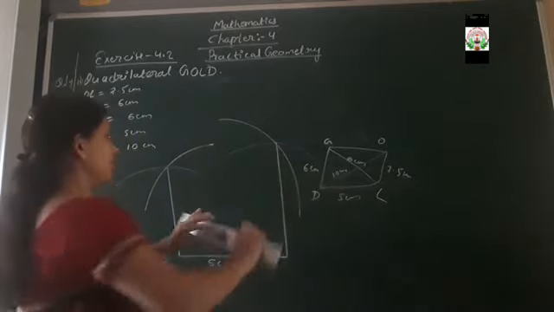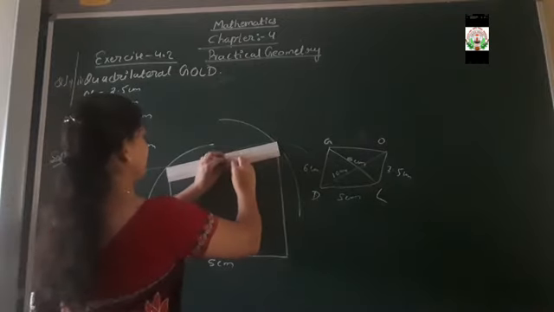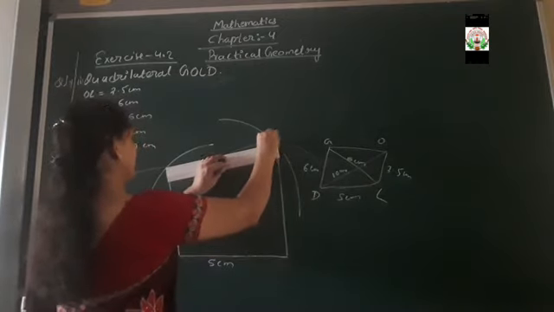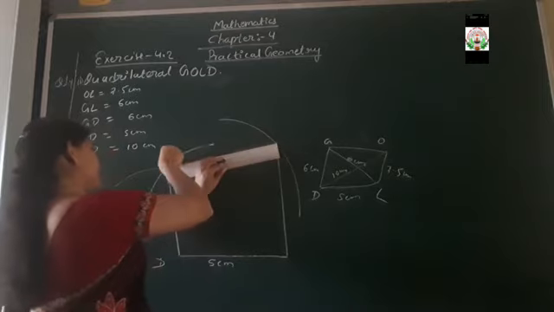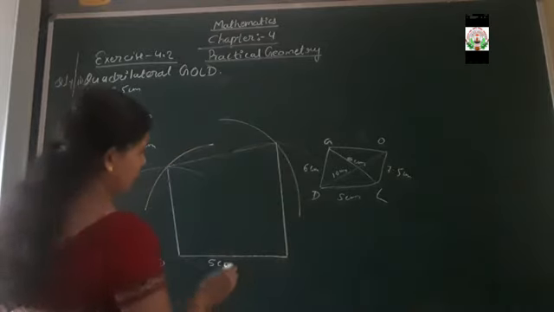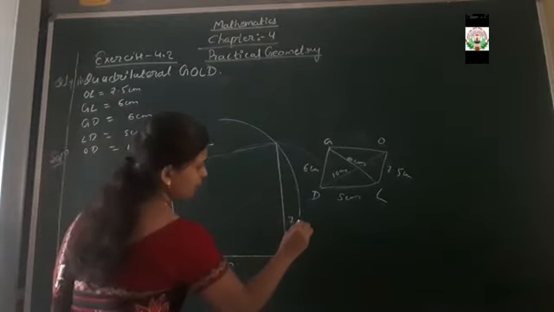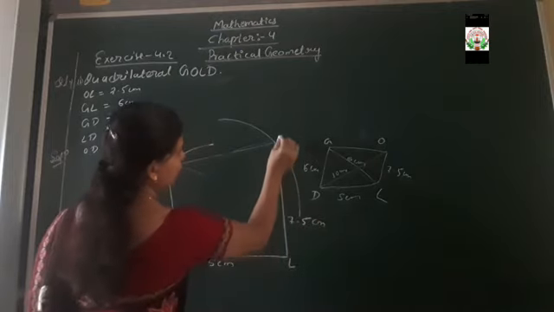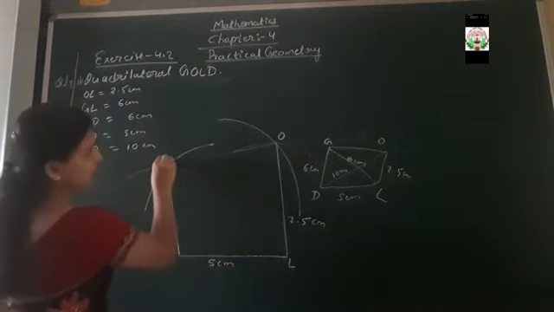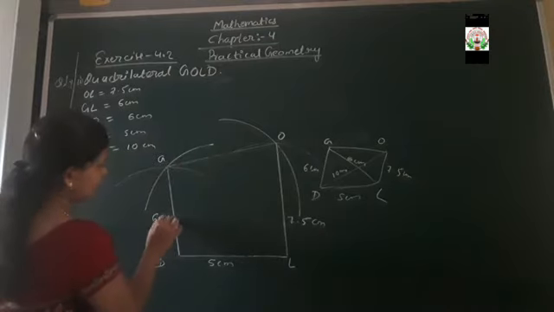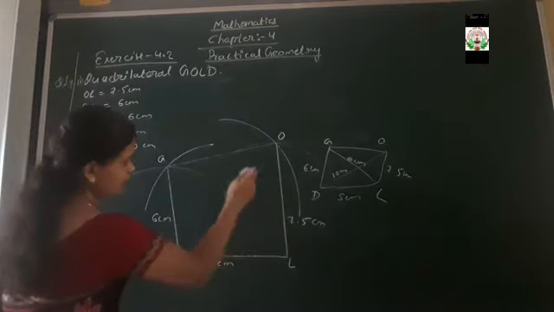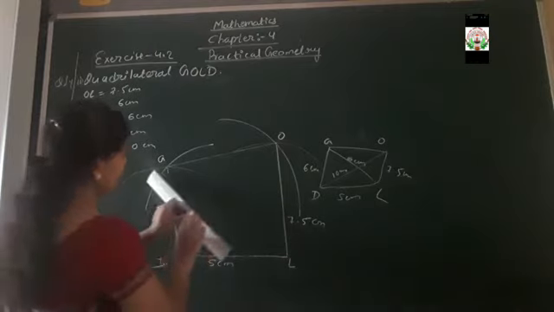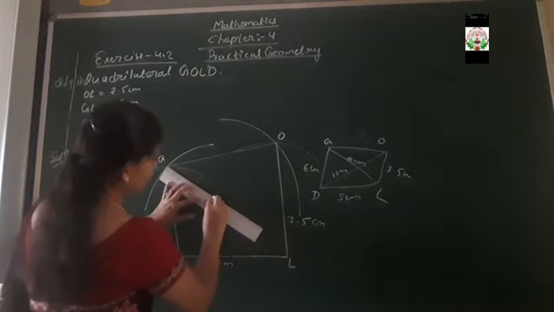Join these two lines. Clear? So this one is 5 centimeter. This measurement is 7.5 centimeter. L O G. Clear? Say here 6 centimeter, 7.5 centimeter. Diagonal is also there. Join the diagonal with the help of your scale and pencil.